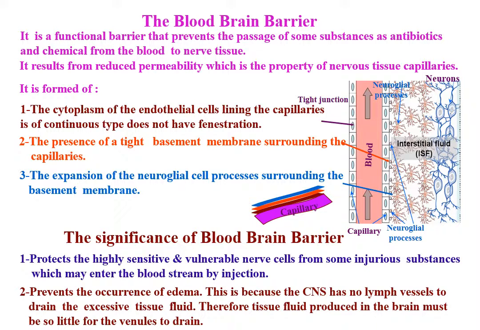This is because the central nervous system has no lymph vessels to drain the excessive tissue fluid, like elsewhere in the body. So the tissue fluid produced in the brain must be very little, for the venules only are responsible for its drainage.